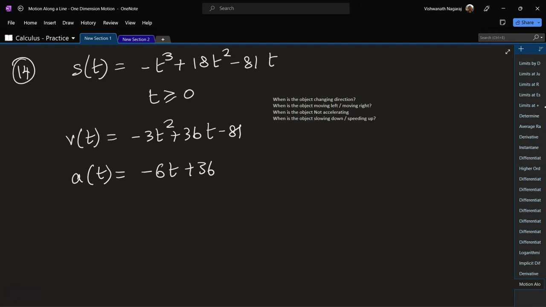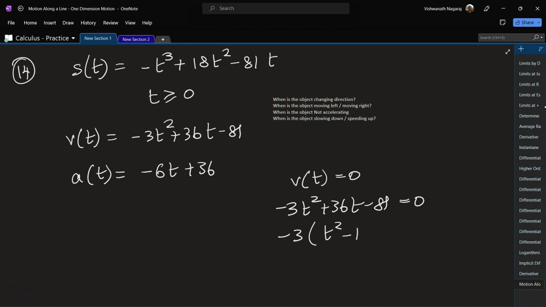So when is the object changing direction? V of t equal to 0. That means minus 3t square plus 36t minus 81 equal to 0. 3 is common to all of them, so let's take minus 3 out. We get t square minus 12t plus 27 equal to 0.